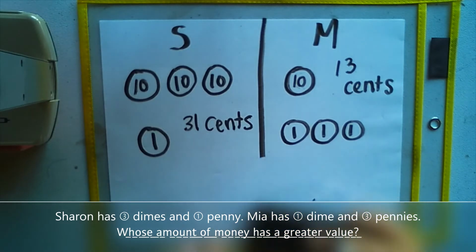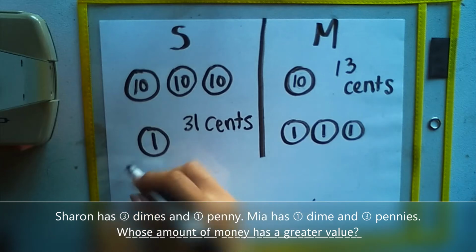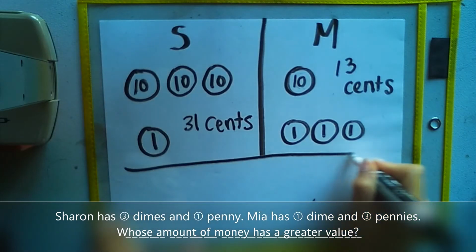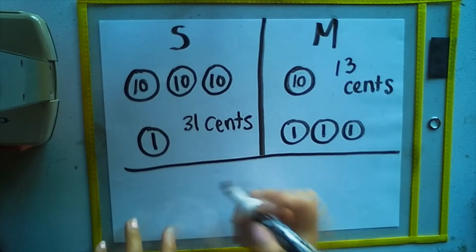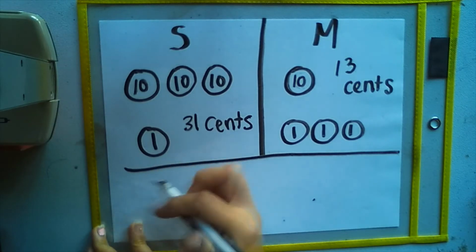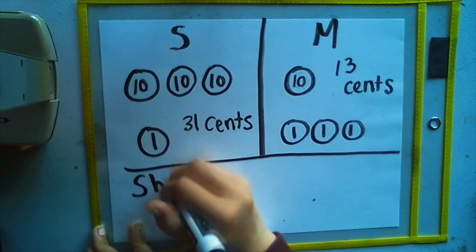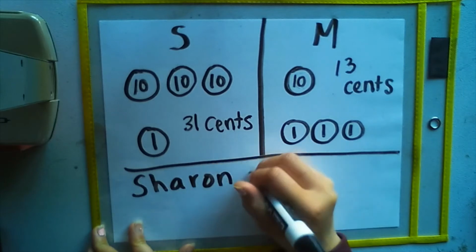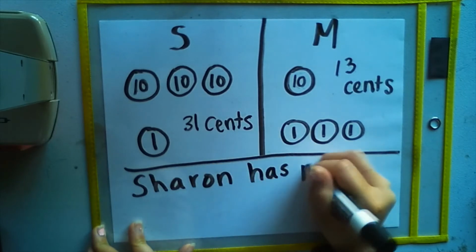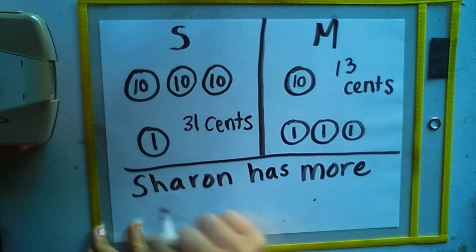Alrighty, my friends, welcome back. I'm going to go ahead and now fill in our sentence, or write our sentence. Sharon has more dimes.